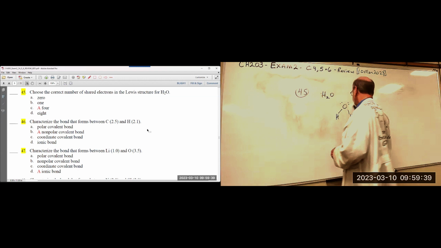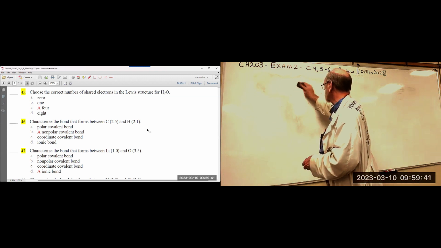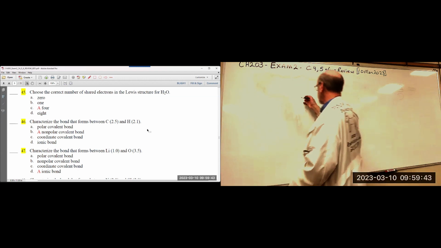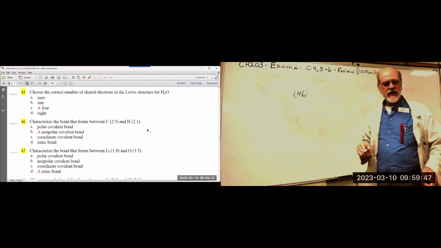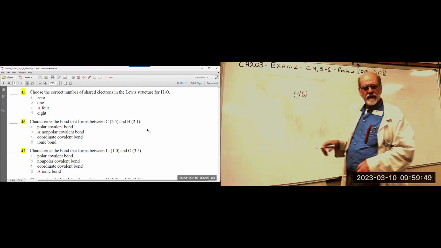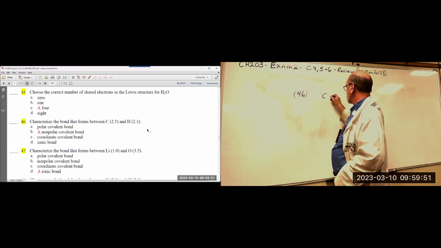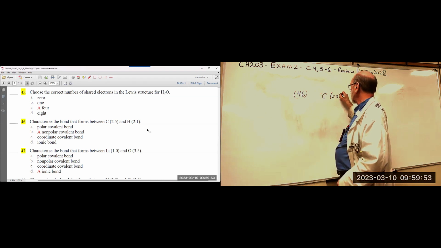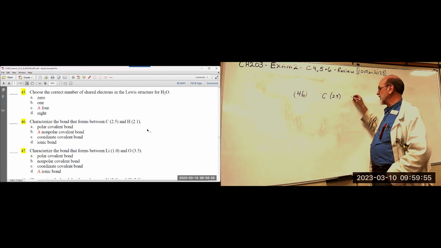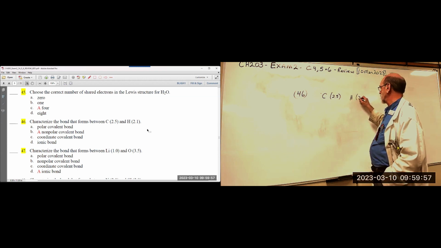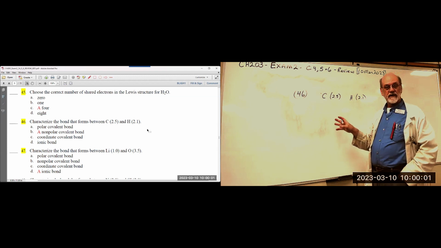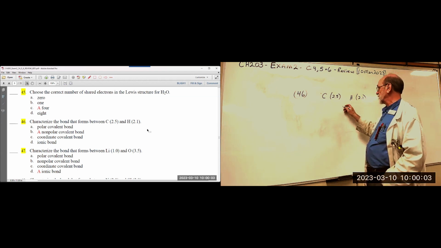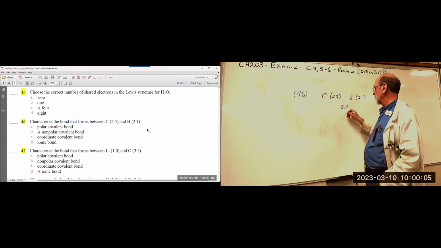46. Characterize the bond that forms between carbon, and this is electronegativity, carbon and hydrogen, 2.1. So how do we characterize that bond? What's the difference between the 2? The difference is 0.4.